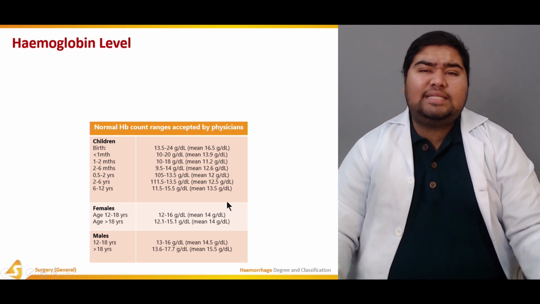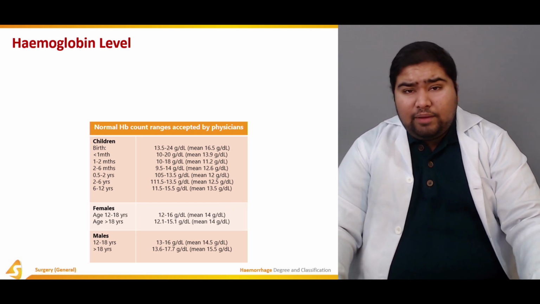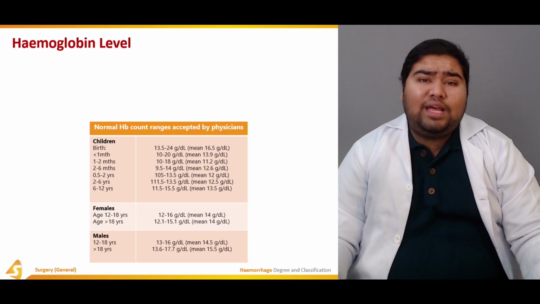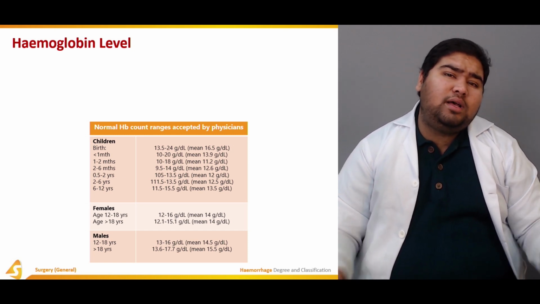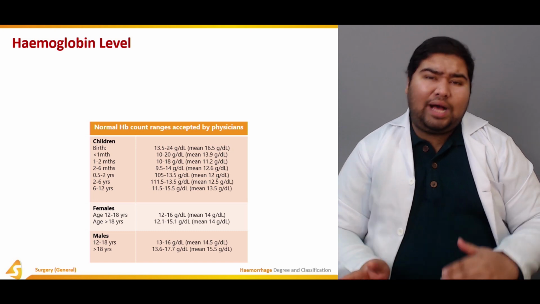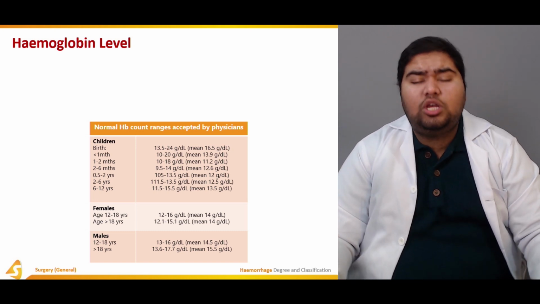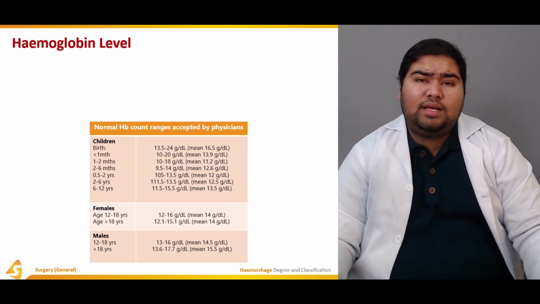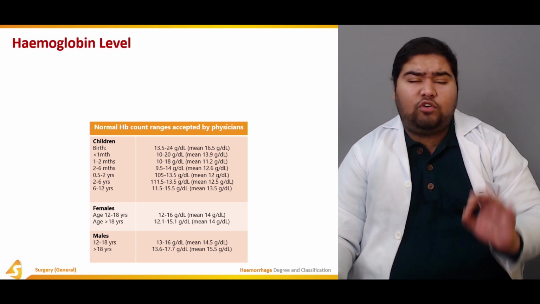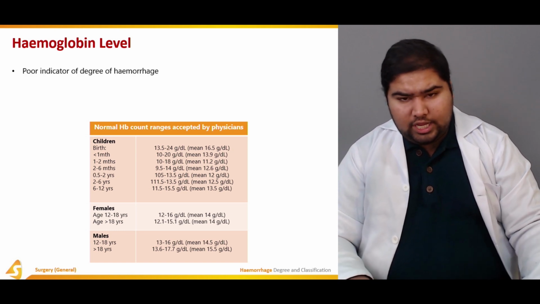So these are the accepted levels. However, these are the mean levels, so there are ranges from low to high within the normal range. These are the ranges that are important. You should always stay within the range for normal for your age.